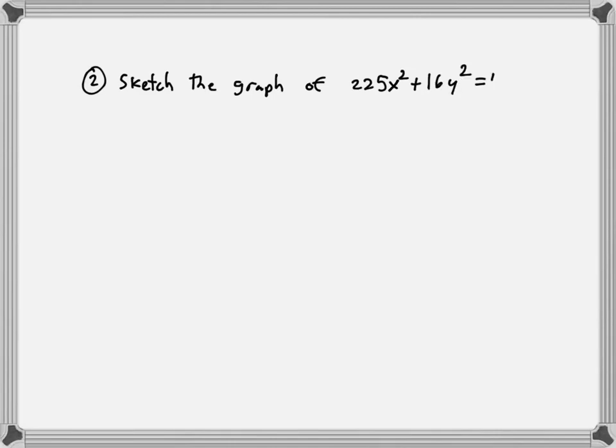All right, so let's go ahead and do an example here. So for number 2, I want us to sketch the graph of 225x squared plus 16y squared is equal to 400 and locate the foci.